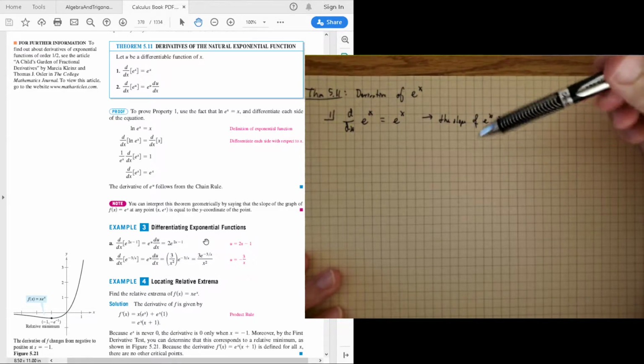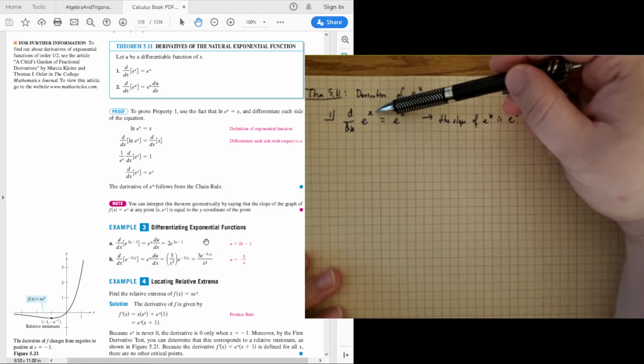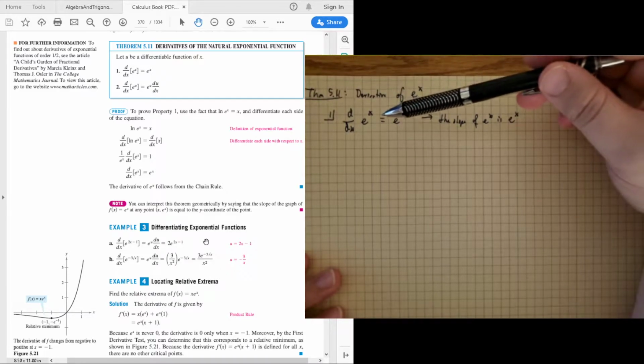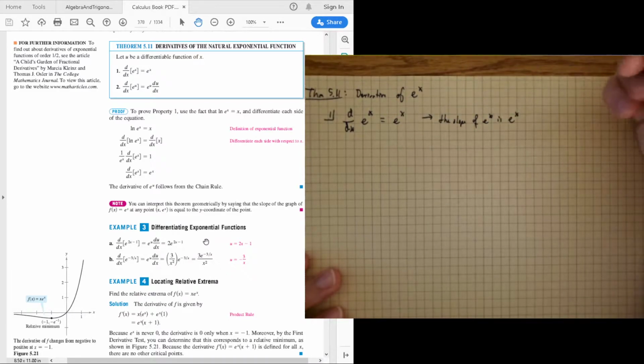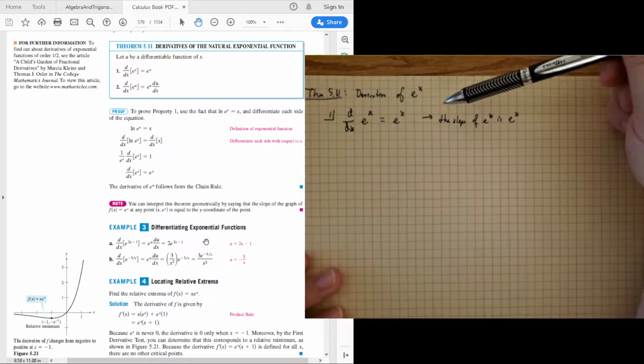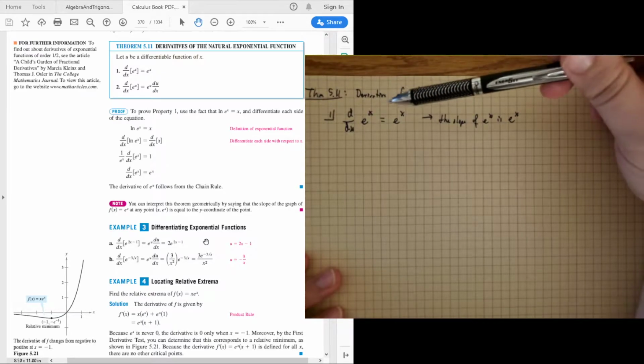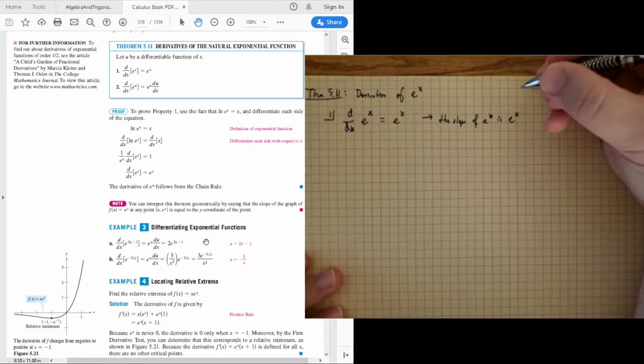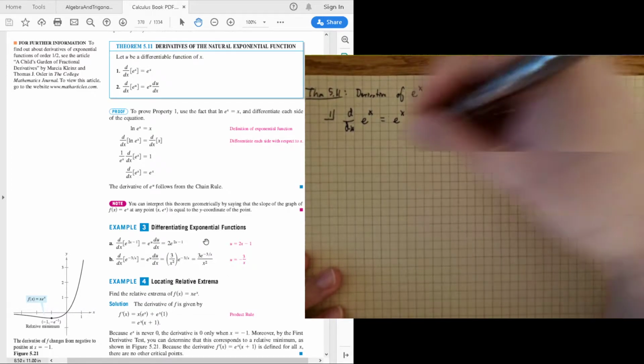In other words, if I want to find a specific value, like what's the slope at 3, I could basically just plug in 3 and get the answer. If I want to find the slope at 5, I could plug in 5 and it's just e to the 5th power. Meaning the slope generating function and the original function are the same. This is the only function that does this, which is why e to the x is so unique.